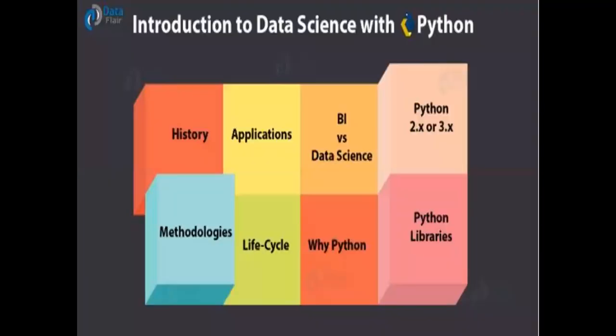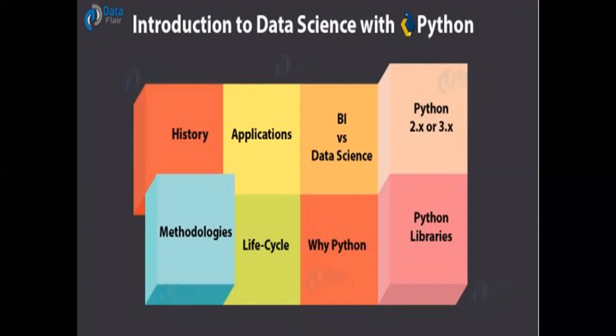And if you observe this point, Python 2.x or 3.x. Currently, we are using 3.8.1, and some Python libraries play an essential role, like scikit-learn, sklearn, pandas, numpy. These are the basic libraries that exist in data science. We are just using the data science methodology with the Python tool.